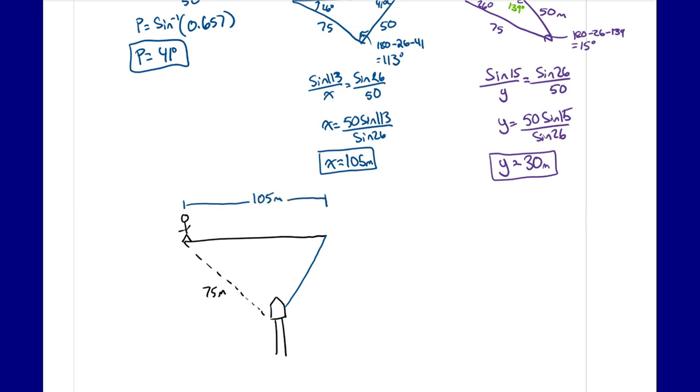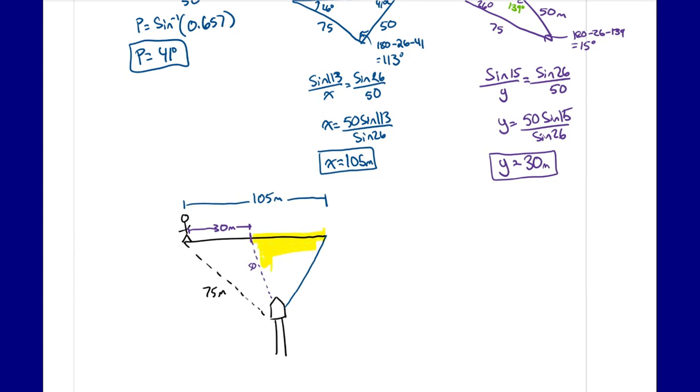We also know that the light will cover a certain amount of path, and the closest it will get, again going 50 meters, is here. That would make this distance from the person to this point 30 meters. So all that's saying is the light is going to go from here to here.